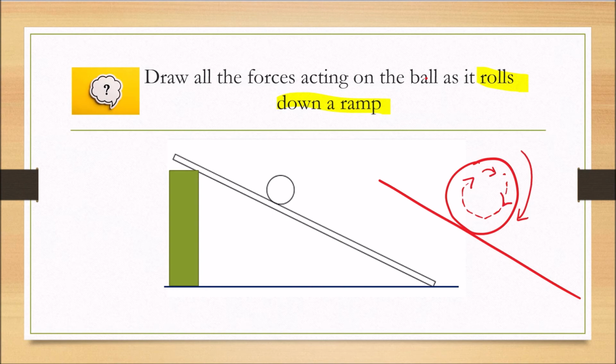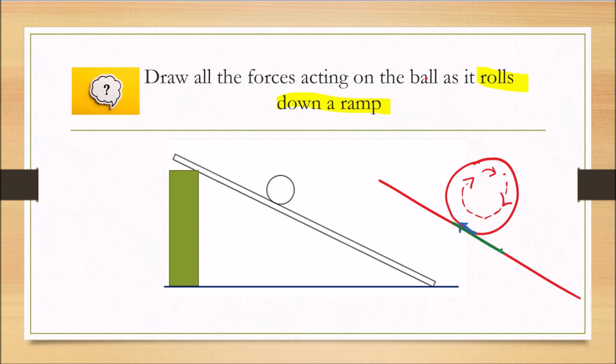Now, if the ball is rolling this way, I want you to see very carefully this part here, which means this part is actually going like that. The motion of this part of the ball is this way, up this way, and therefore friction should be opposite to this blue arrow. Friction should be going down.